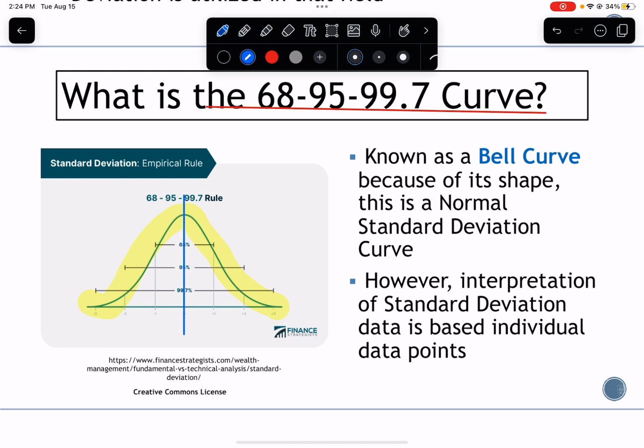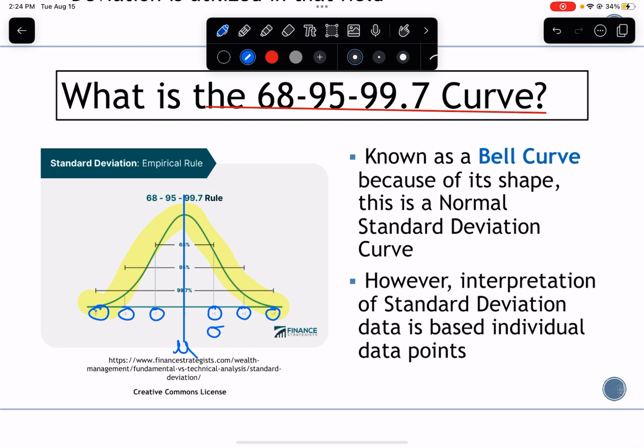If I were to draw a line through it, it looks the same on both sides. Now, this line here represents mu. Remember, mu is the mean, which we learned in part 1 of this lesson. And as you notice here, you see this +1, +2, +3, -1, -2, and -3. These represent the number of standard deviations away from mu.